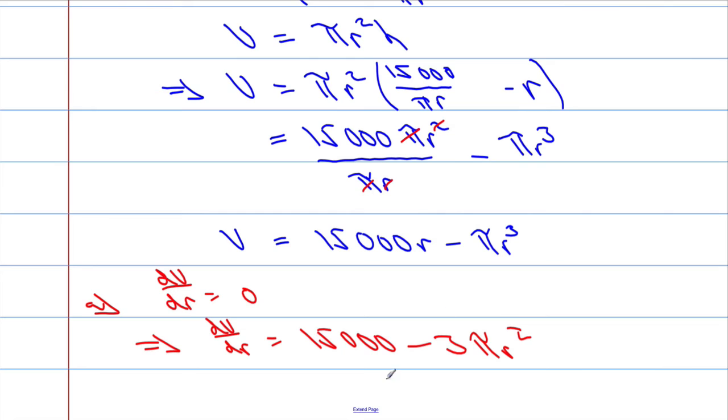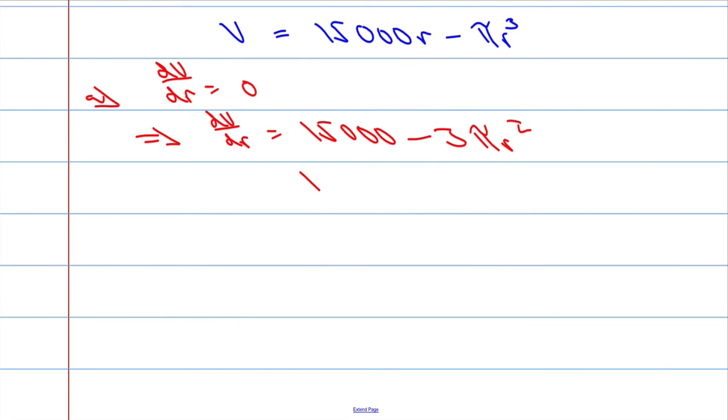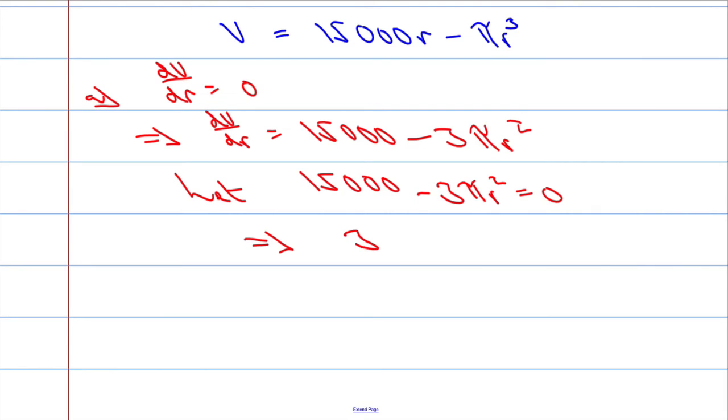So we're going to let this equal 0. 15,000 minus 3 pi r squared equals 0, which implies, okay, first thing I'm going to do is add 3 pi r squared to both sides. So we get 3 pi r squared equals 15,000. Divide both sides by 3.